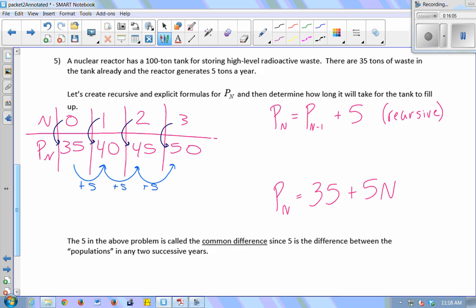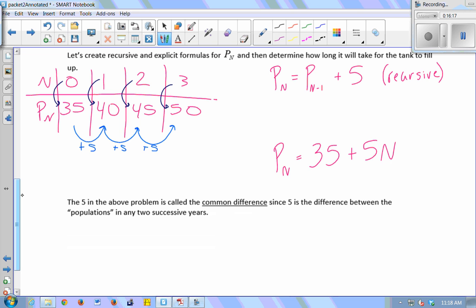Okay, so the 5 in this problem is called the common difference, because 5 is the difference between the populations in any two successive years. So if we pick any two consecutive years, like year 1 and year 2, subtract the populations, 45 minus 40, you get 5. So the difference between any two populations in a row is 5.